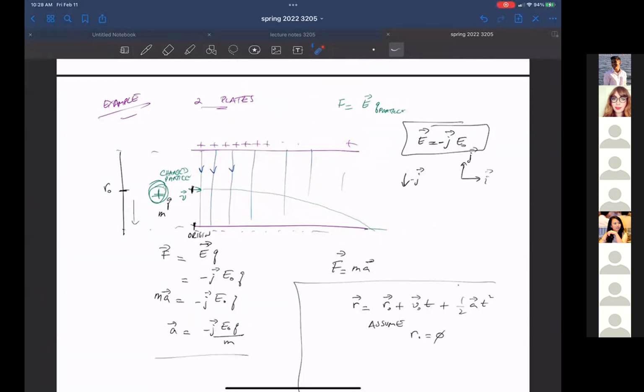There's always this acceleration from electric fields, magnetic fields, and so on, but it's harder to visualize. But that's what's really going on.